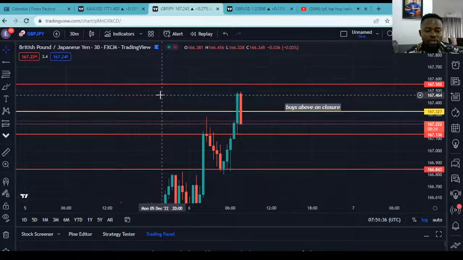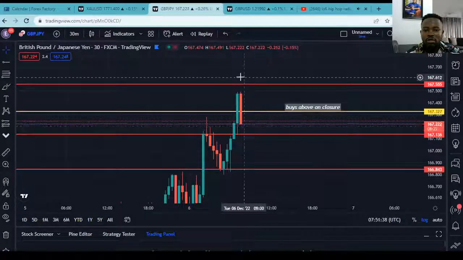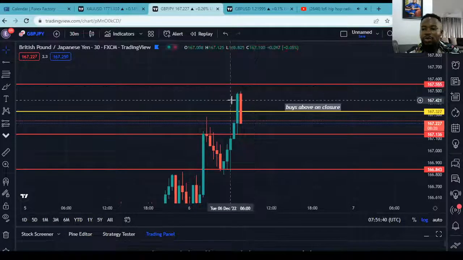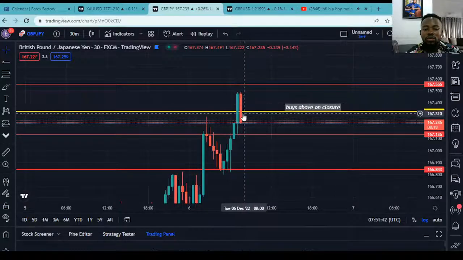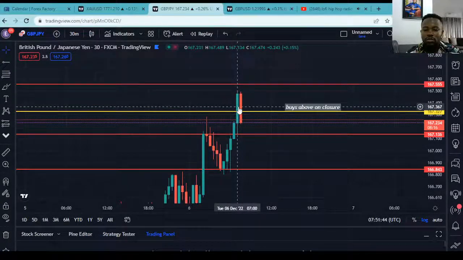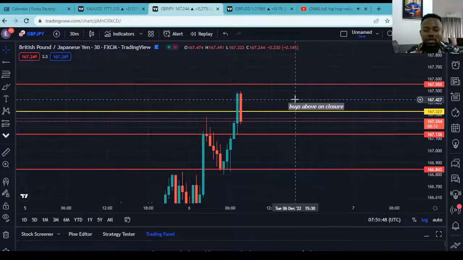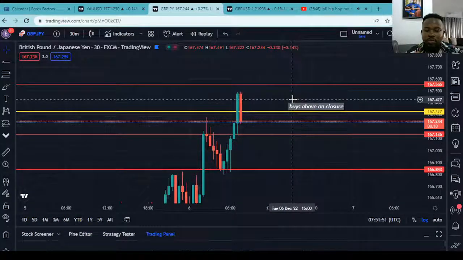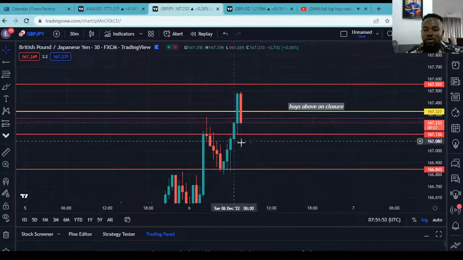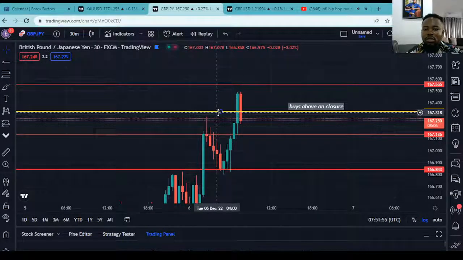So this is why it's very good to always wait, right? Don't buy because you see the candles are pushing to the upside. Does it align with what you understand? Is it showing you what you've seen before, right? Those are the things you should consider before you could actually take a trade at that point.